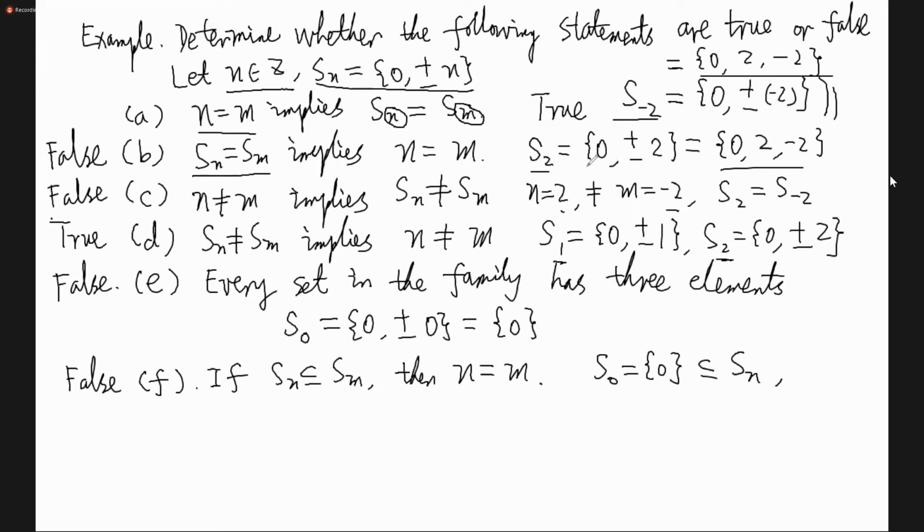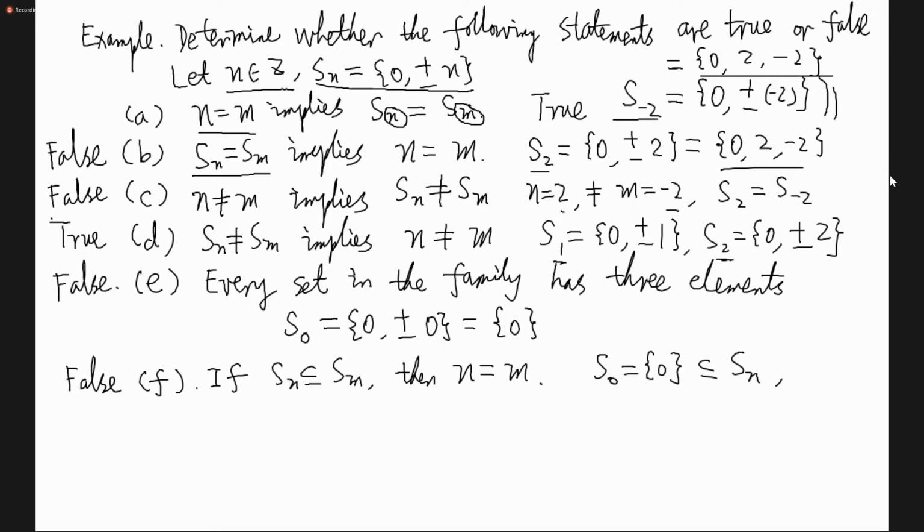So S2 equals S negative 2, you can also say S2 is a subset of S negative 2. So in this situation, 2 is still different from negative 2. So you can either use S0 or two numbers which are negative of each other.